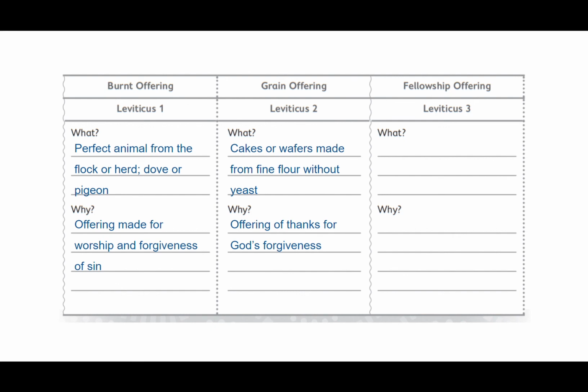They've already made their burnt offering to get forgiveness of their sin. Now they're giving Him another offering, and this one is to offer their thanks for His forgiveness and His goodness, for all that He has done for them.